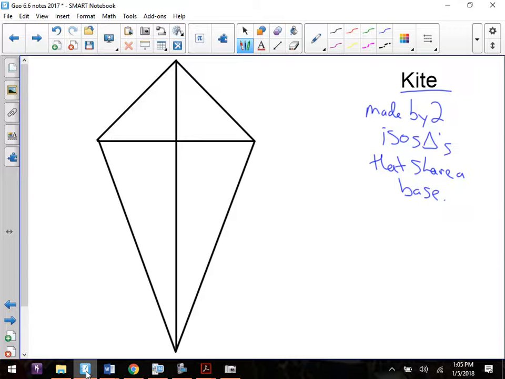So if you have 2 isosceles triangles that share a base, well, isosceles triangles have congruent legs. The base, in this case, winds up being a diagonal. So these 2 will be the same. Those 2 will be the same.